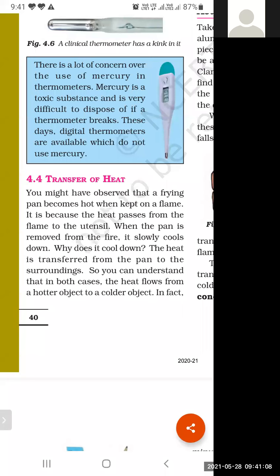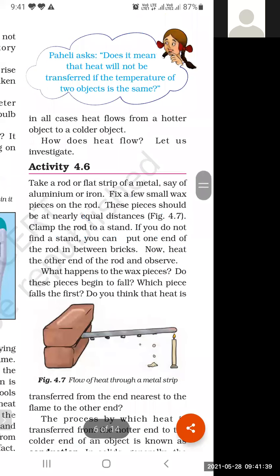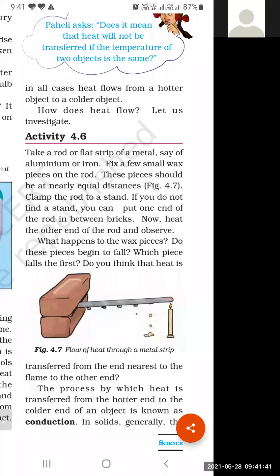As I have discussed with you, the heat will always flow from a body at a high temperature to a body at a low temperature. In this case, as we have discussed in the two situations, the same phenomenon happens: the heat flows from a hotter object to a colder object. In fact, in all cases, heat flows from hotter object to colder object.